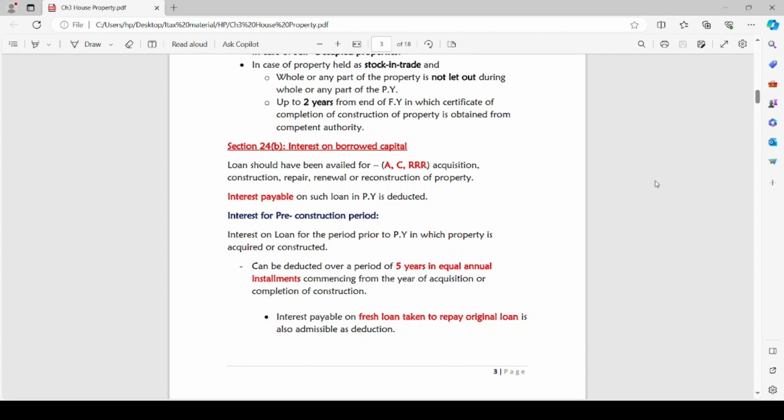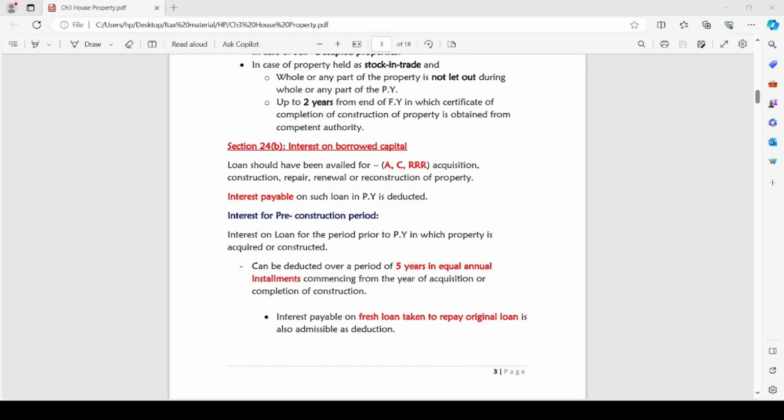Interest for pre-construction period. There is a term called pre-construction period interest. The interest on loan for the period prior to the previous year in which the property is acquired or constructed is called pre-construction period interest.